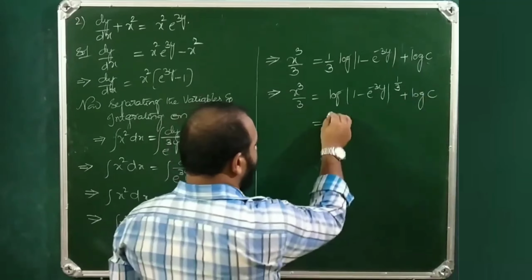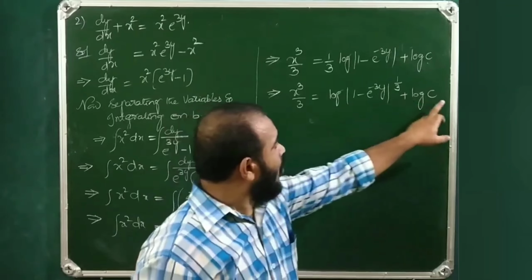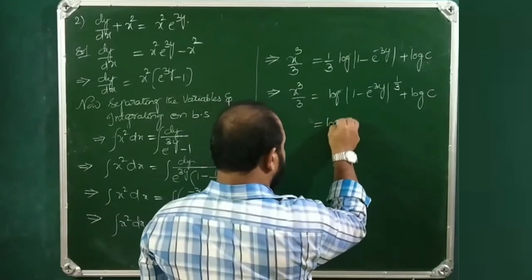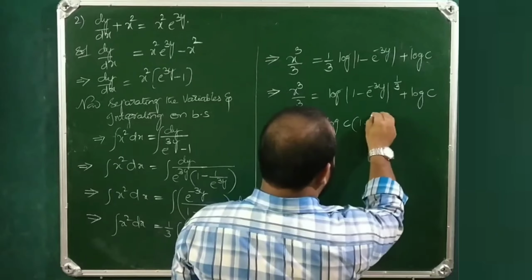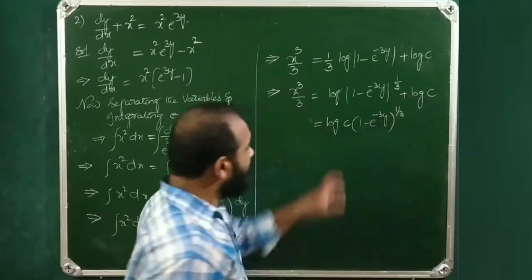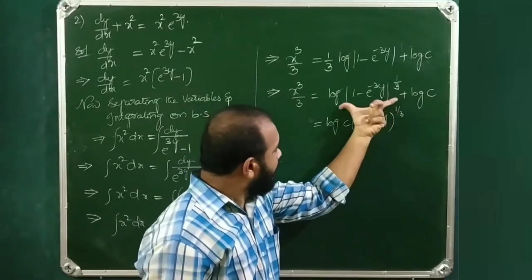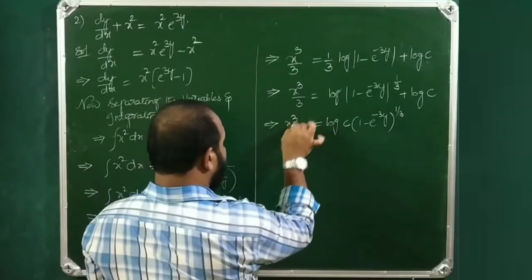So this is log a plus log b, log ab. So this is log c into 1 minus e power minus 3y whole power 1 by 3. Again, log a plus log b, log ab is equal to x cube by 3.